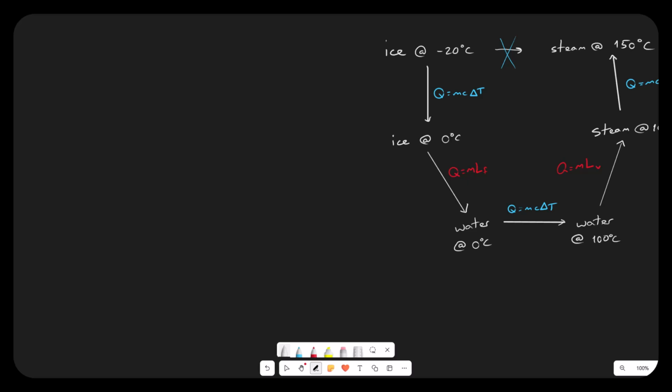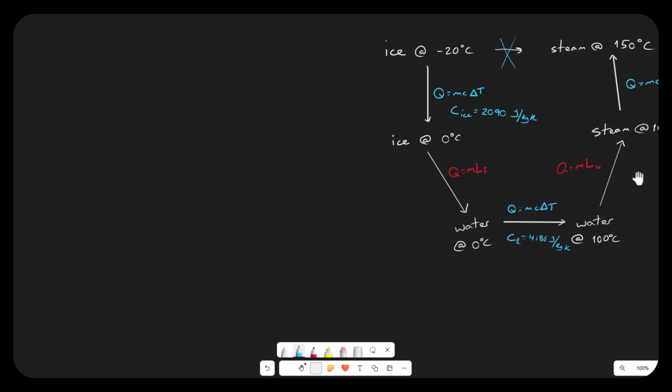So I need some values. I'm going to need some specific heats, and I'm going to need some latent heats. Or rather, I'm going to need heat capacities and latent heats. Here we go. For the ice, I get 2090 joules per kilogram Kelvin. For water, liquid, I get 4186 joules per kilogram Kelvin.